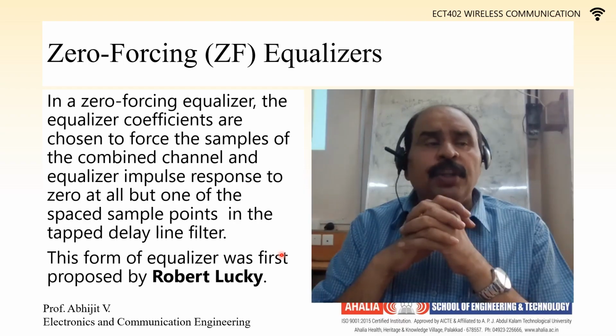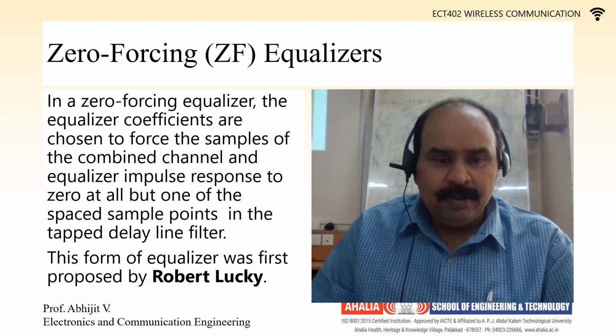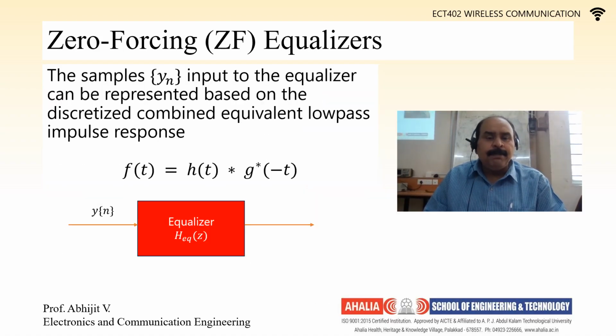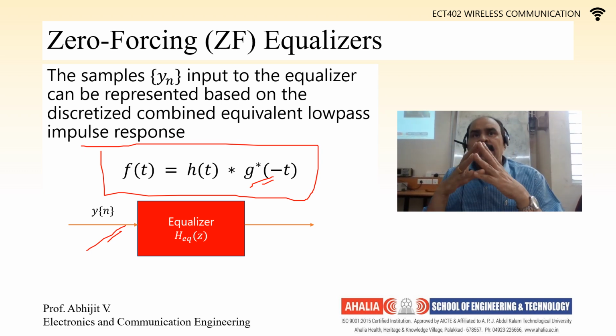So what is the zero forcing algorithm? The samples y[n] are the input to the equalizer, and are based on the discretized combined equivalent low pass impulse response. So here we are going to define f(t) as we have defined previously. f(t) is h(t) convolved with g(-t). y[n] is the sampled input to the equalizer. y[n] is the received signal and the output of the matched filter.